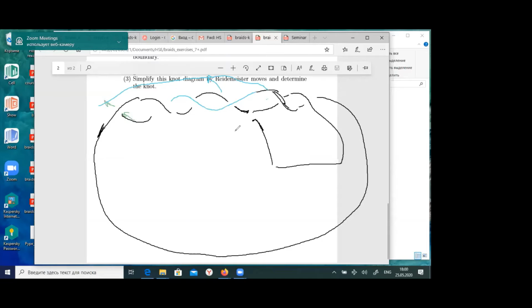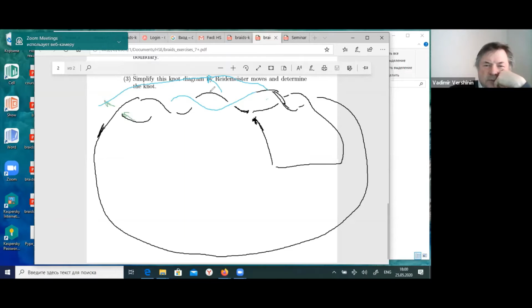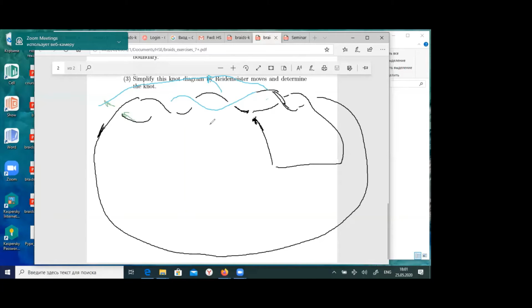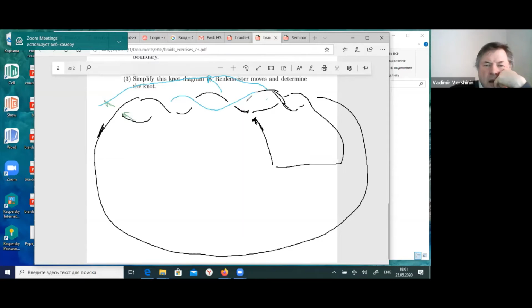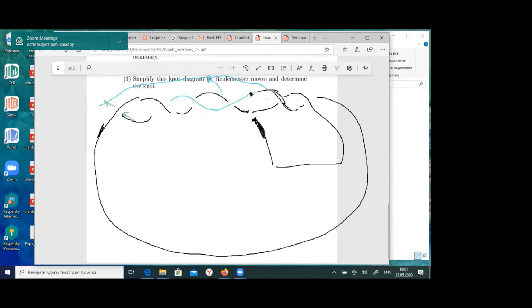Where is the second part of this line? Or, this is the second Reidemeister move. Oh, sorry. This line, where is the second part of this line? I don't understand. I don't see what is happening.